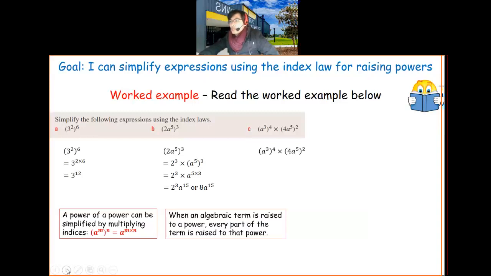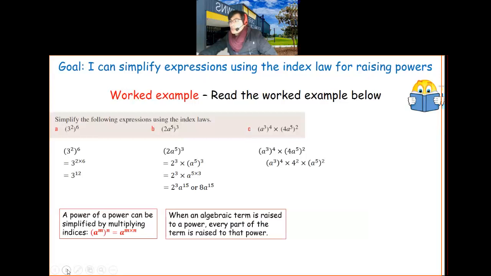Then for the third one here, the final one, we are going to combine the two rules that we learned here, okay? So first, we have a to the power of 3 raised to the power of 4 multiplied by 4 times a to the power of 5, all raised to the power of 2.